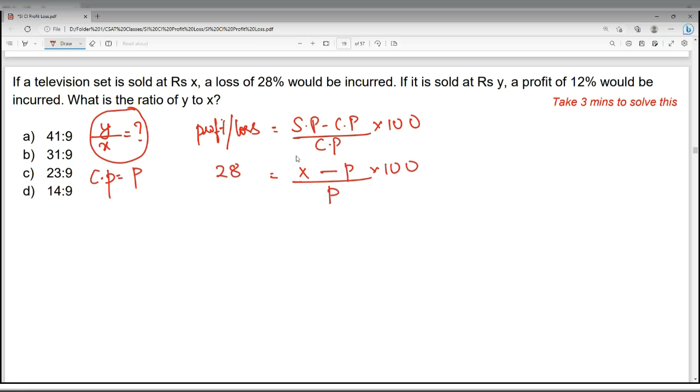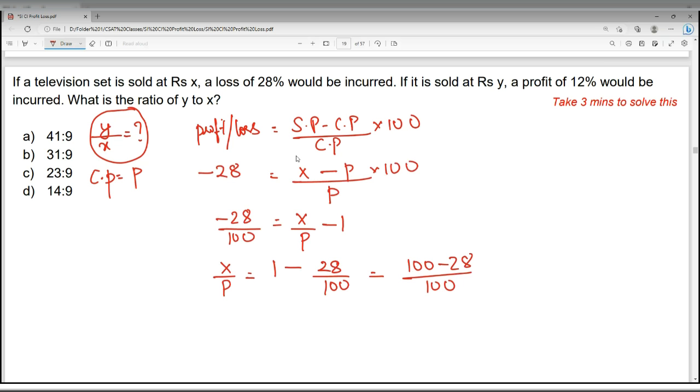Since it is a loss, this would be in minus, and this is equal to X by P minus 1, and this is minus 28 by 100, and this is X by P is equal to 1 minus 28 by 100. So this would be 100 minus 28 by 100. This would equal 72 by 100. Let this be like this.